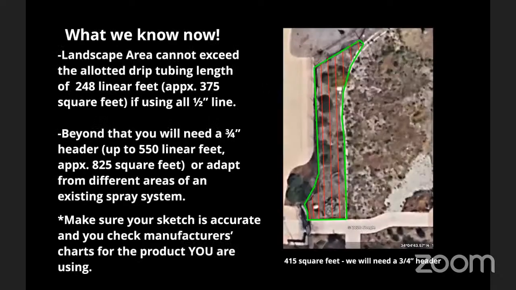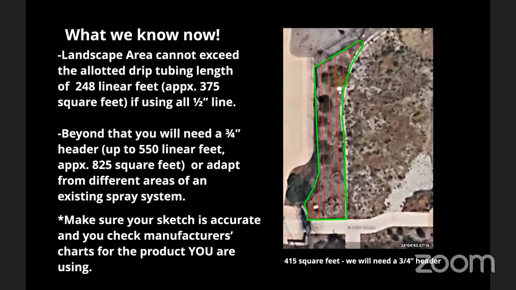Okay, so let's start to take this knowledge and actually look at some systems. And so remember, this is our 15 square foot bed where we are going to be doing our drip grid.